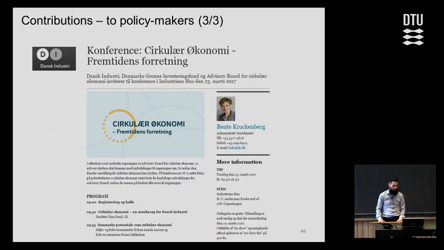And also on Thursday last week, I attended a conference at Dansk Industri, which was hosted by this advisory board, and they were asking for qualified opinions about the tentative suggestions that they have for their report.